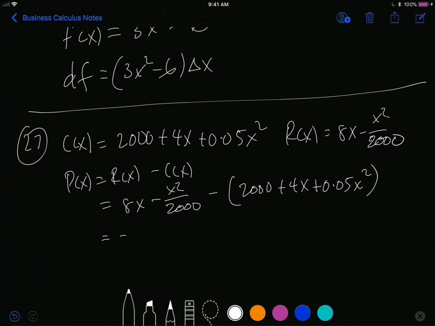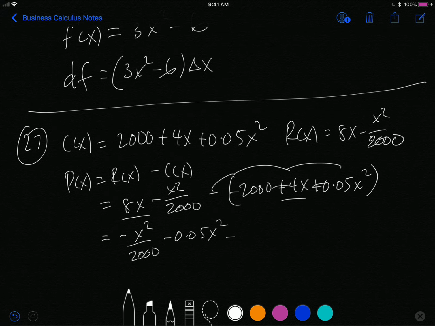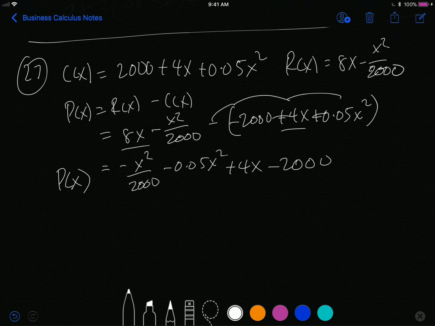That is negative x squared over 2,000 minus 0.05x squared. If you distribute the minus sign, all of these become negatives. So 8x minus 4x is positive 4x. And then I have a minus 2,000. And so this is my profit function. I simply need to find P of 2,000 and P of 2,200 and then subtract the two answers.